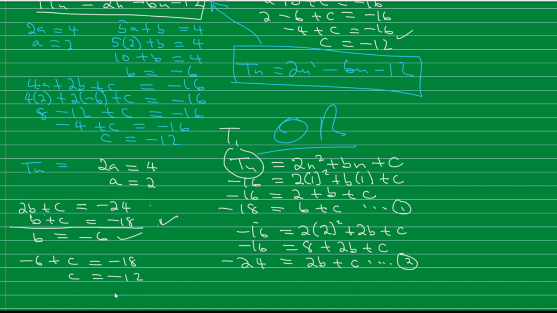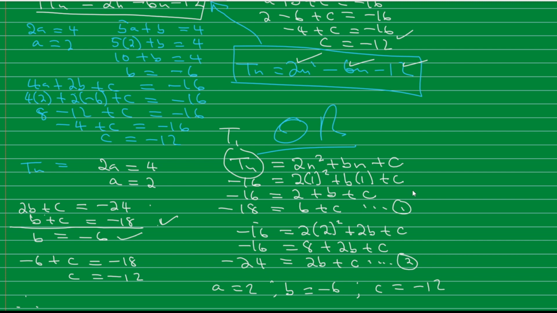Therefore, our a, we got it as 2, our b, we got it as negative 6, and our c, we got it as negative 12, which gives us still the same values that we got earlier here, negative 6 and negative 12.